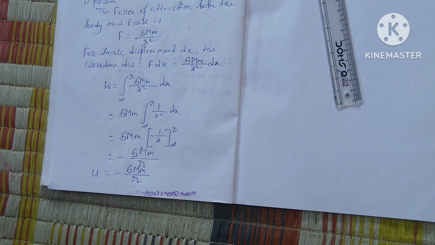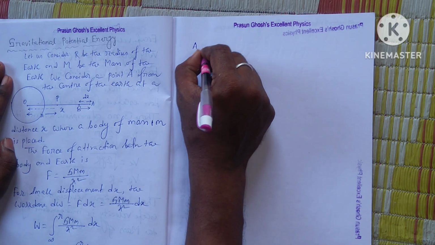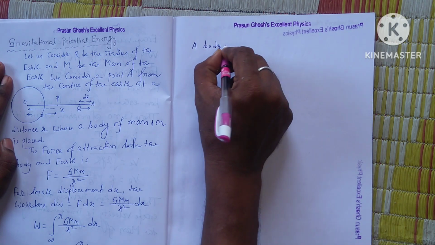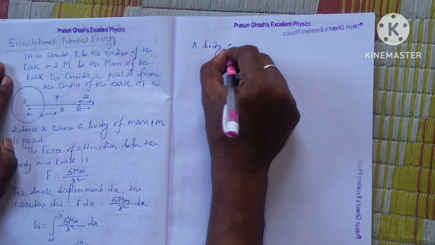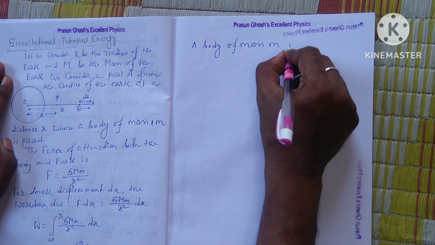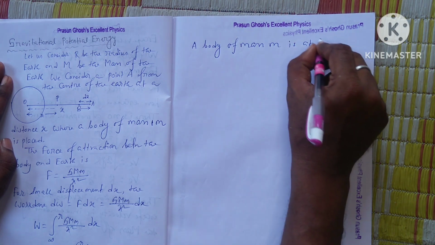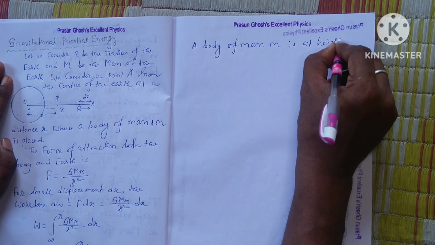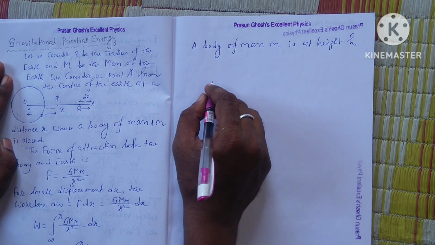Now this equation is applied for different purpose. So a body of mass m is at height h.